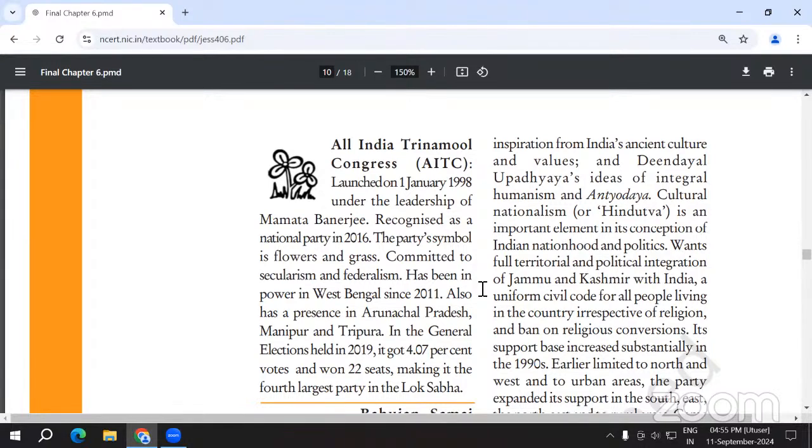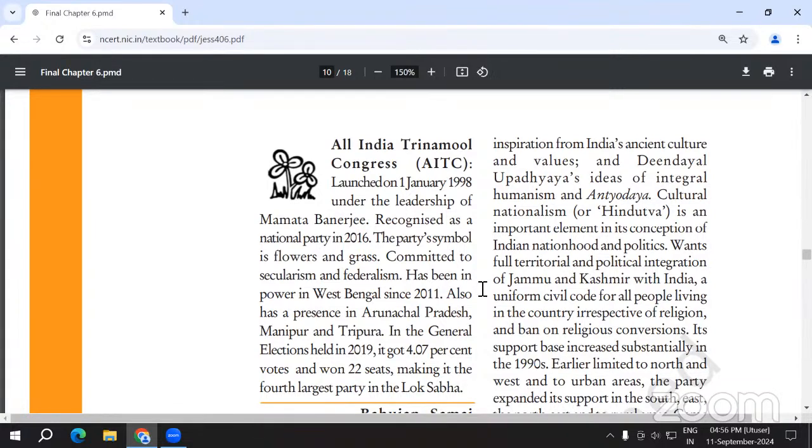Now, full territorial integration. I think I have told you in another class that Jammu and Kashmir was attacked by Pakistan long back, immediately after the partition.